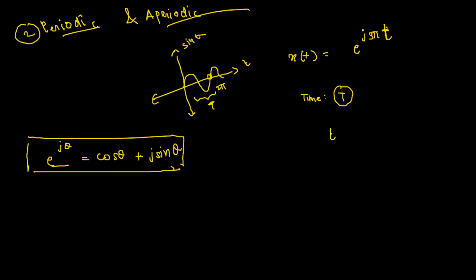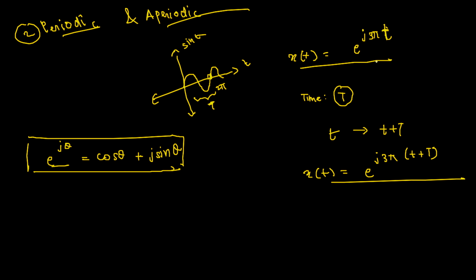That is, whether you write t or whether you write t plus T, the function comes out to be the same, right? So when I write x of t is equal to e to the power j into 3 pi into t plus T, this term and this term should exactly be the same.